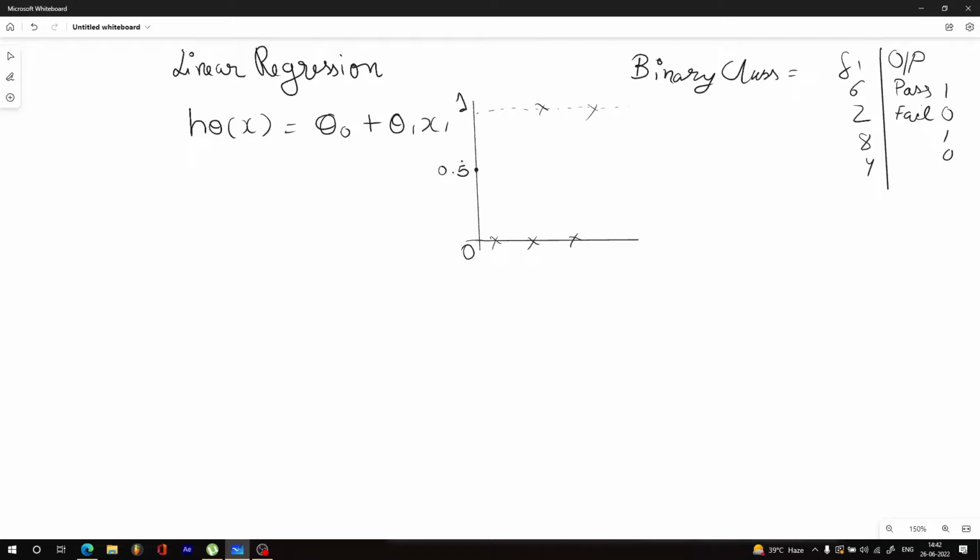Let's say this is 0.5 here, and we got a best fit line from somewhere around here, passing through this point. This is a random situation. The real solution will not look like this, but assume that this is how it is going to work for now.